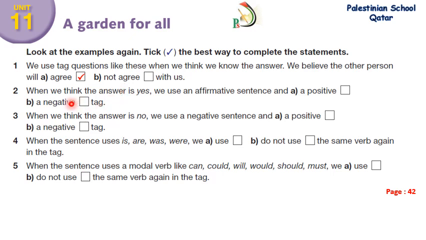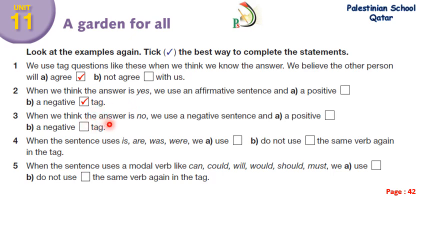Two: When we think the answer is yes, we use an affirmative sentence and a positive or a negative tag. Did you guess the answer? Very, very easy now. Yes, B, very good, a negative tag.